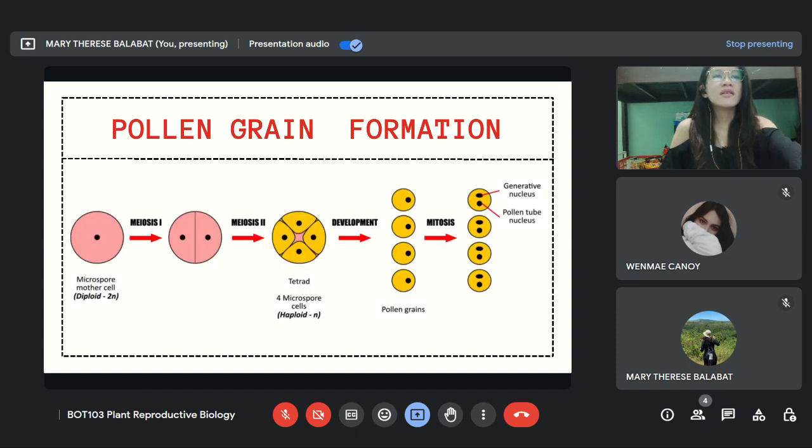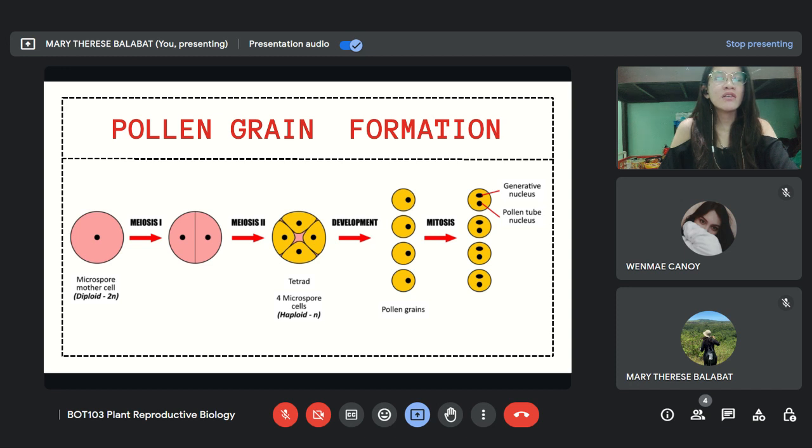In this illustration, you can see how the pollen grain is formed. From the microspore mother cell, which is diploid, it undergoes meiosis 1 and then meiosis 2, which then forms a tetrad.